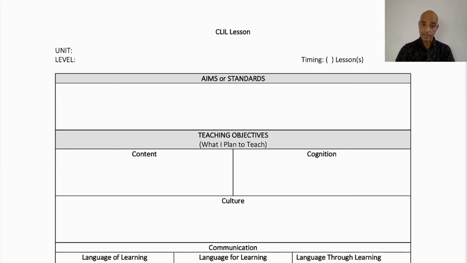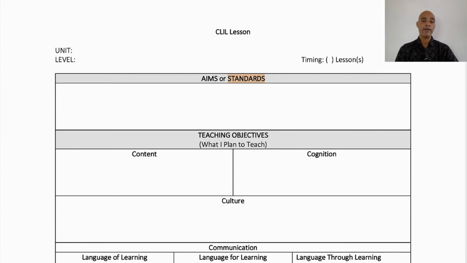But under that, you do have aims or standards. Most teachers, if you're teaching in a setting where the curriculum is set by the national government, are probably going to be working with standards or frameworks, some type of framework.